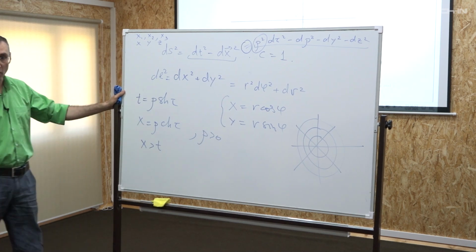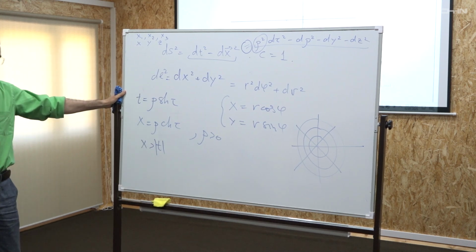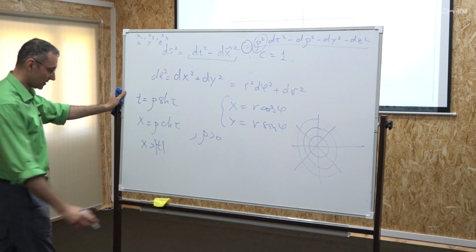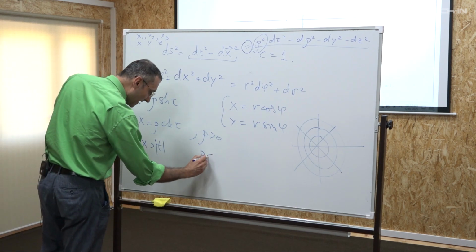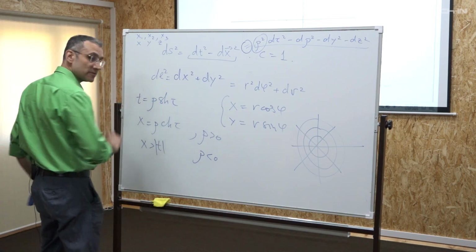You see? Always. Actually, even the modulus of t. And that's the reason it covers the right quadrant. If I use rho negative, I will cover the left quadrant, but never the entire spacetime because of this coordinate change.